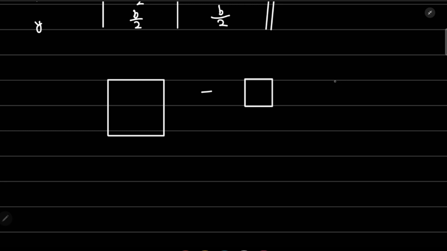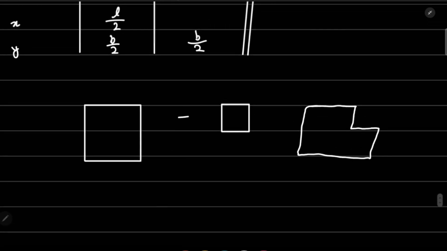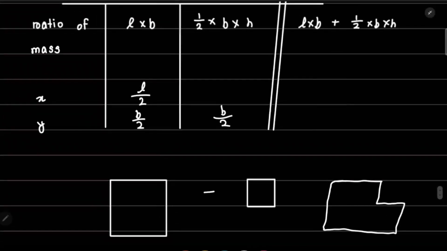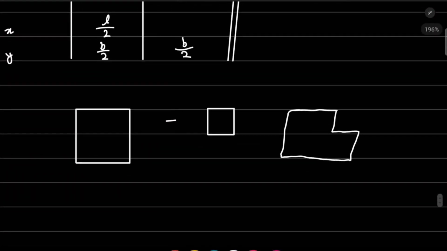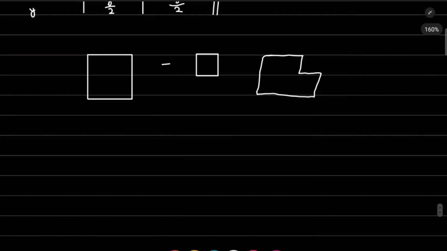So you remove that and we get a shape like this. In this case, we'll apply the same things. So we have to find the area of the large one and the smaller one. So we can have ratio of masses.